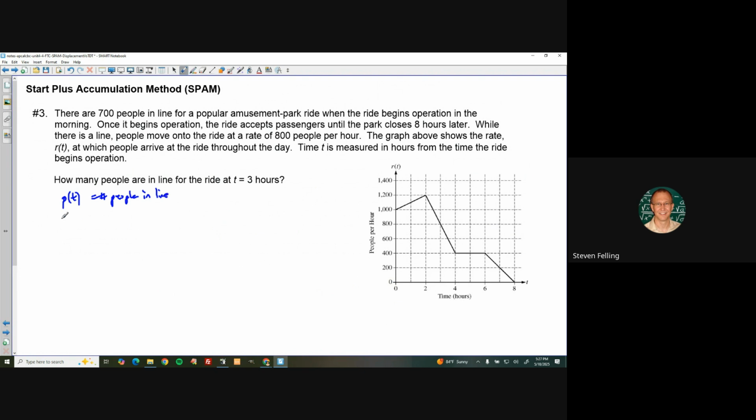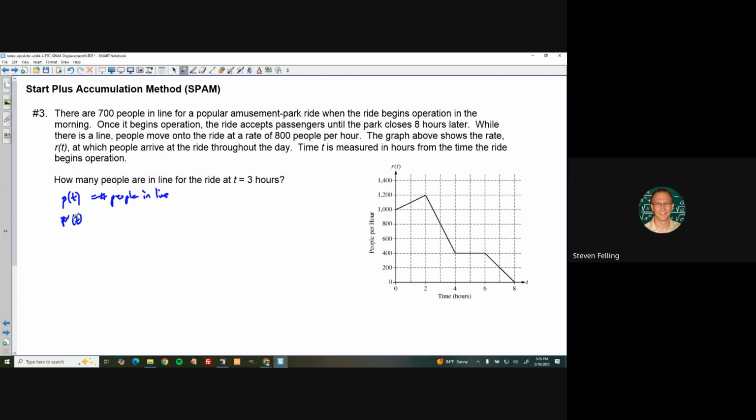That means the derivative of that is how fast people are moving into or out of the line. And it says that while there's a line, people move onto the ride at a rate of 800 people. That means that they're exiting the line because they're going on the ride. But this graph shows the rate at which people arrive at the ride.